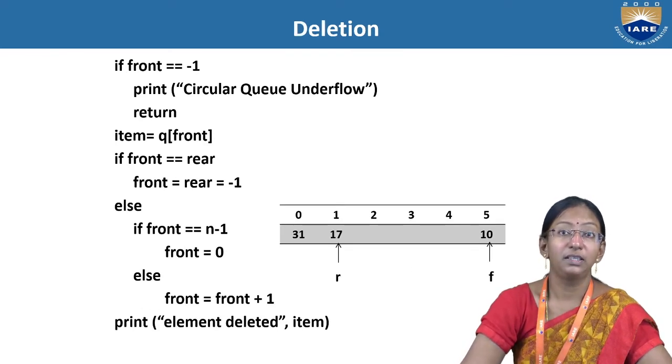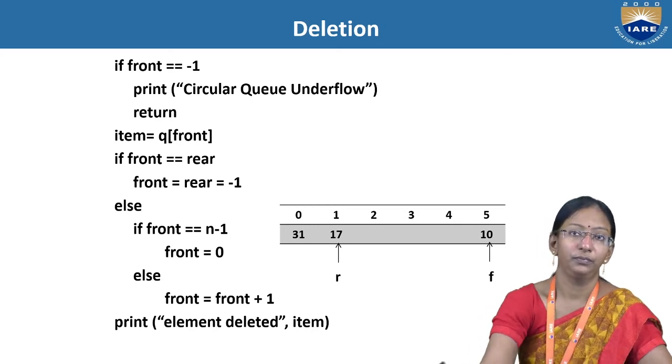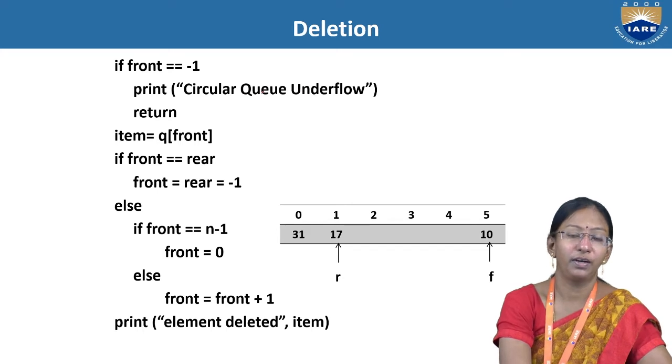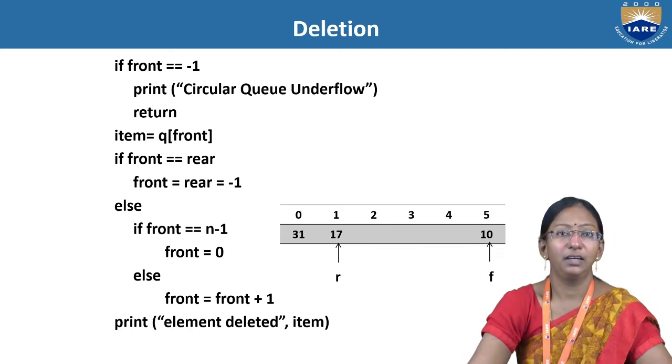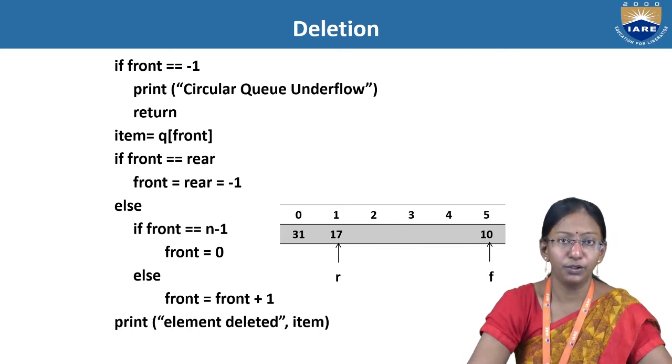Next one, deletion or DQ operation. If front is equal to -1. Why front? As I said earlier, you can write rear is equal to -1 also. That tells that basically the circular queue is empty.